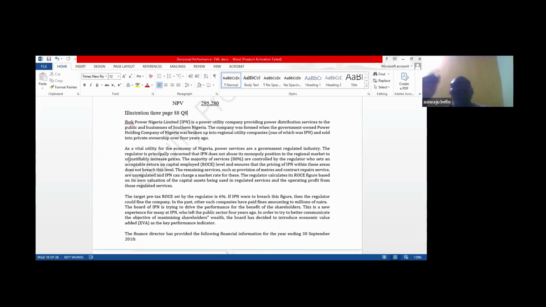The regulator calculates its return on capital employed figure based on its own valuation of the capital assets being used in regulated services and the operating profits from those regulated services.